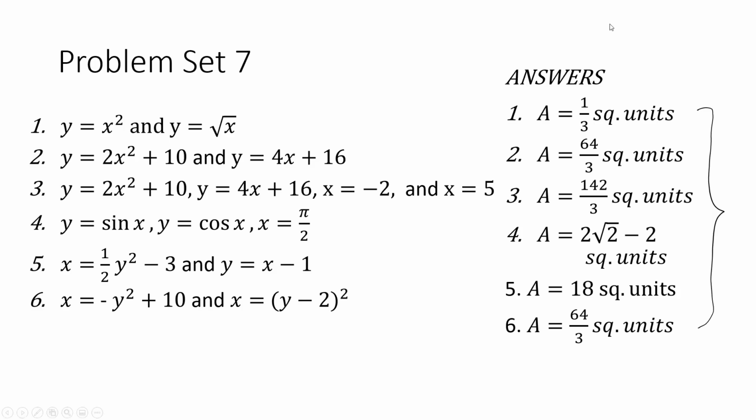You're going to solve 6 problems. In graphing your equations, try as much as possible to do your own graph first, and then verify using Desmos so that you can have a sense of verification on your side. You can verify your graph if it's correct, and so on.